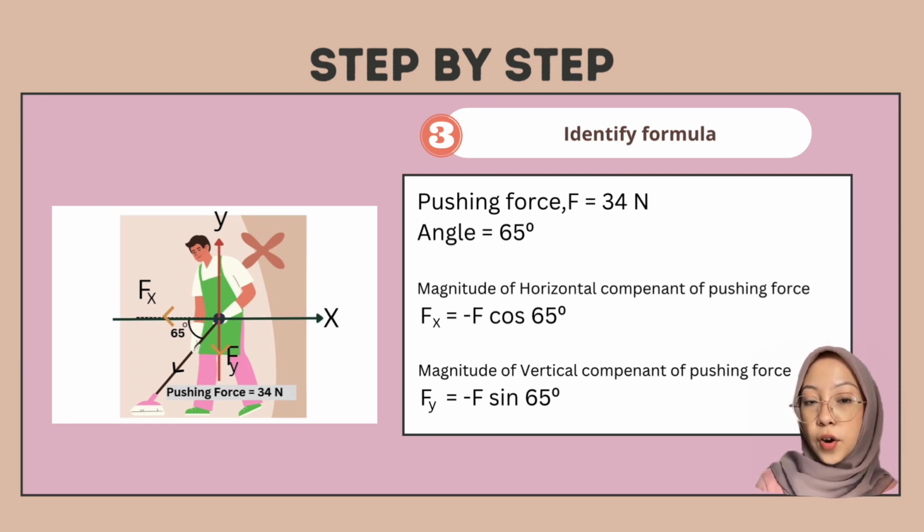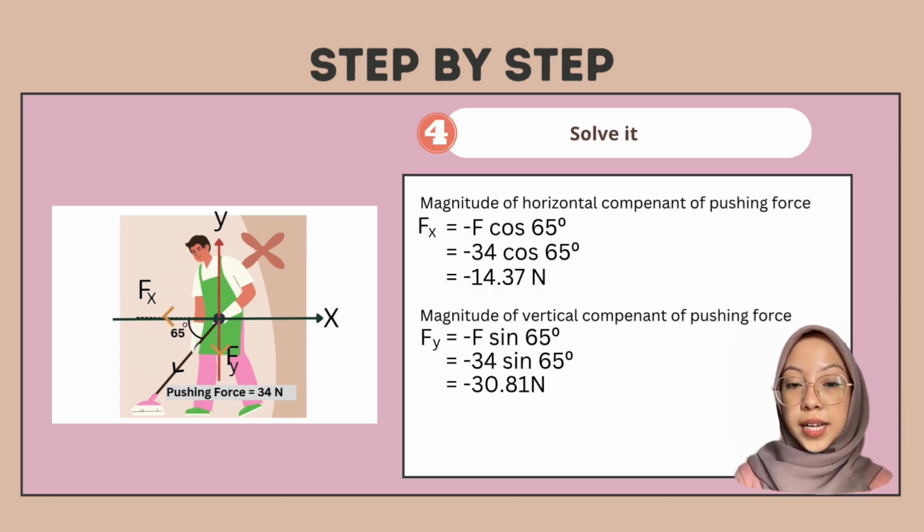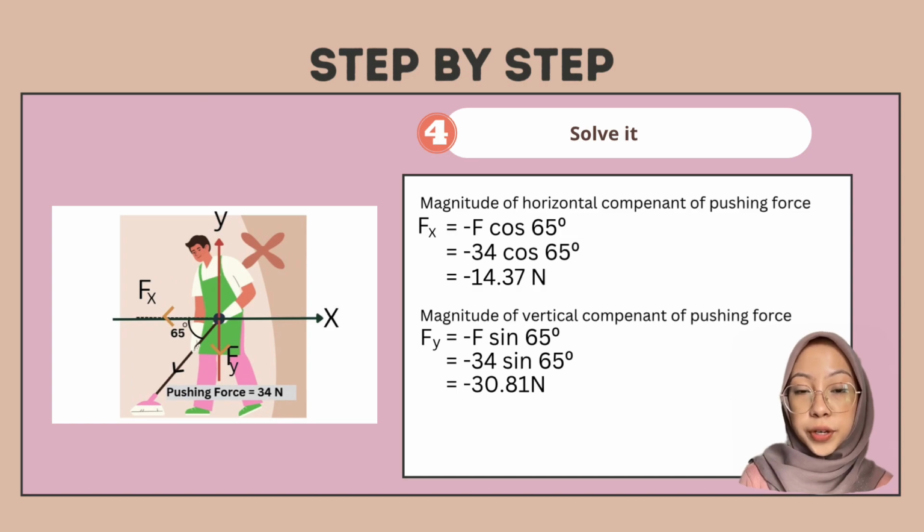So, the magnitude of the horizontal component of the pushing force is Fx equals negative F cos 65 degrees, and for the vertical, Fy equals negative F sin 65 degrees. For the last step, you can substitute the values and solve it. Remember, you need to give the answer with the correct unit. The answer for Fx is negative 14.37 N and Fy equals negative 30.81 N.